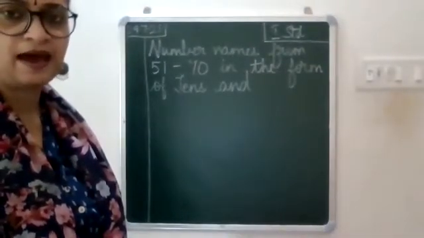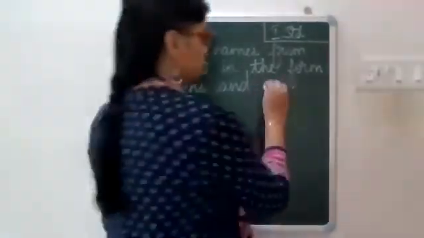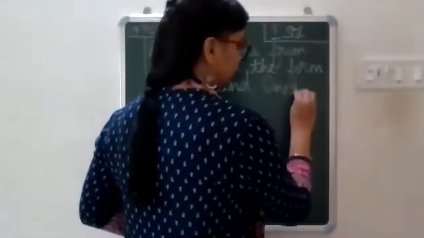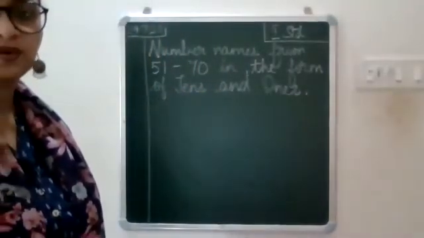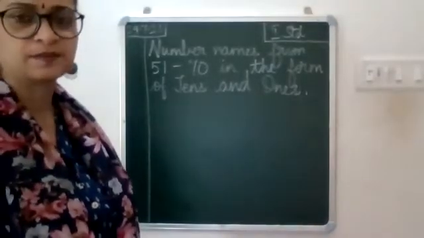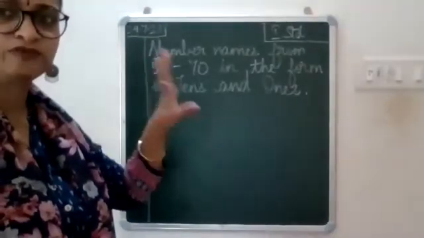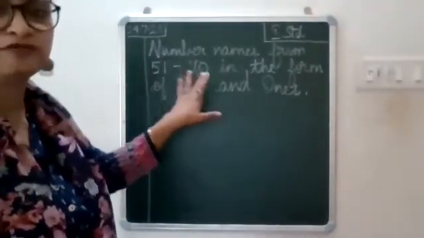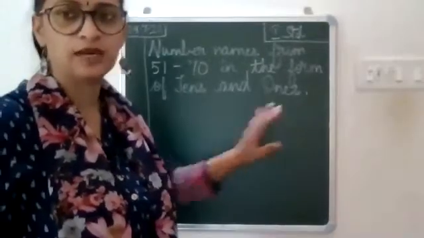Leave one finger space. Write down O-N-E-S, Ones. The same way we wrote from 41 to 50, we are going to write from 51 to 70 in the form of tens and ones.